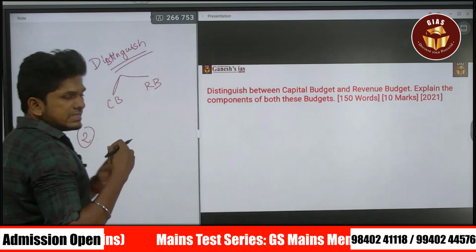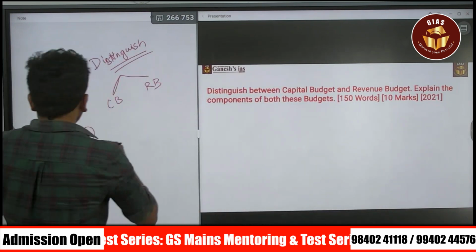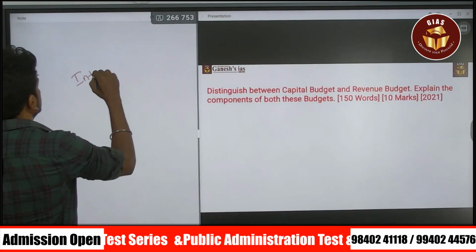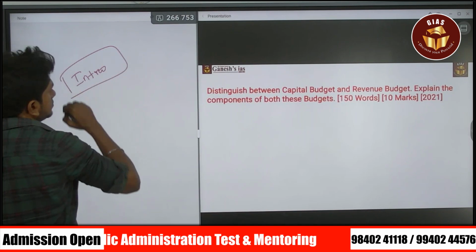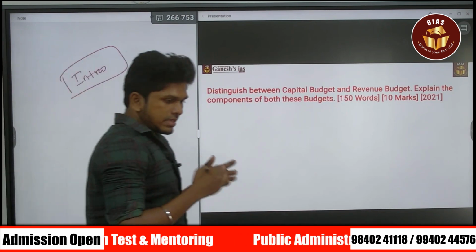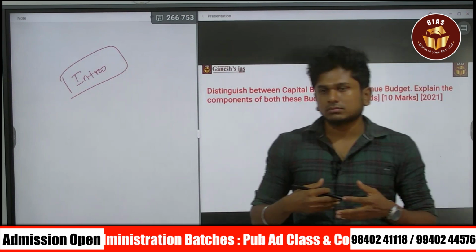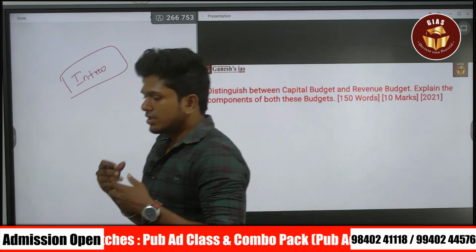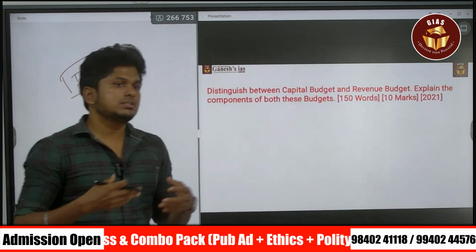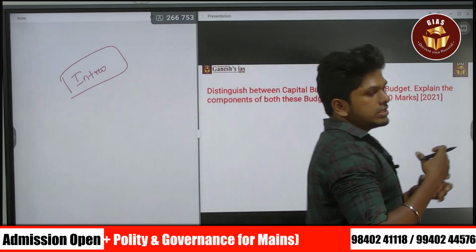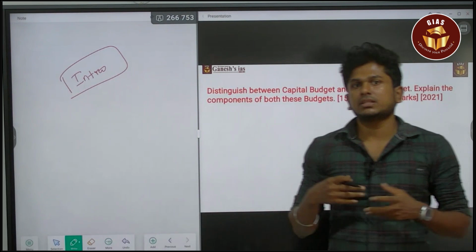So it is one of the easiest questions. What will be the intro for this? You can cite any factual data of the union budget, such as how much capex the government did in this union budget, or else you can give a holistic definition of the capital budget and the revenue budget.